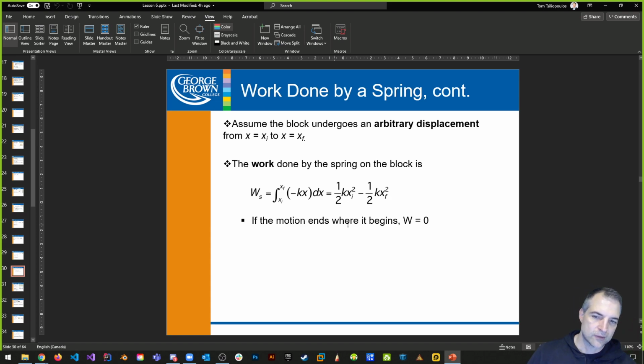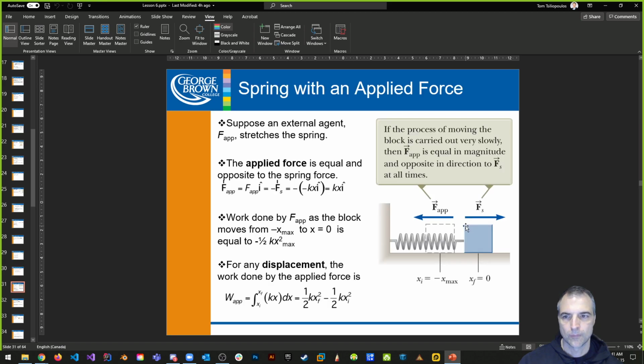If the motion ends where it begins, then work is equal to 0 because there's no displacement. By now you should know the difference between displacement and distance, where displacement is a change from the origin, and distance is the path. We want to measure the total path. All right.